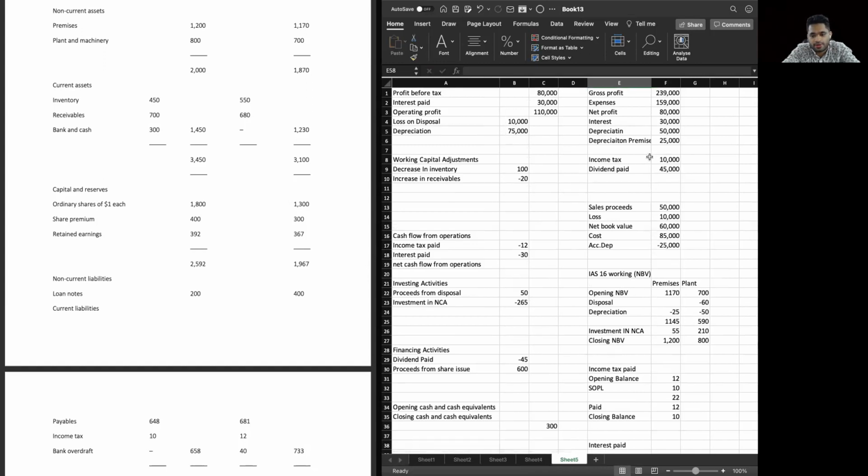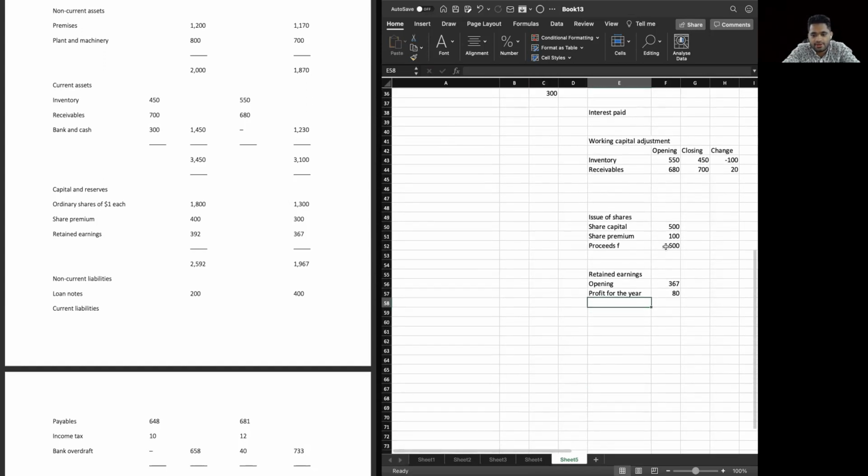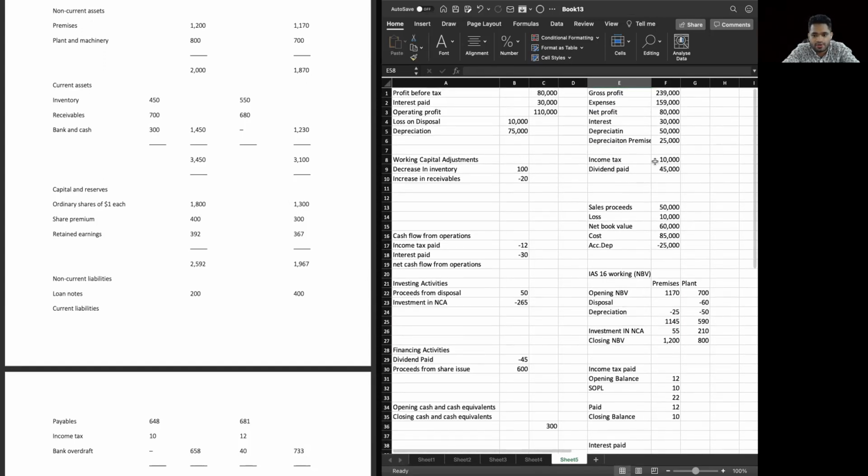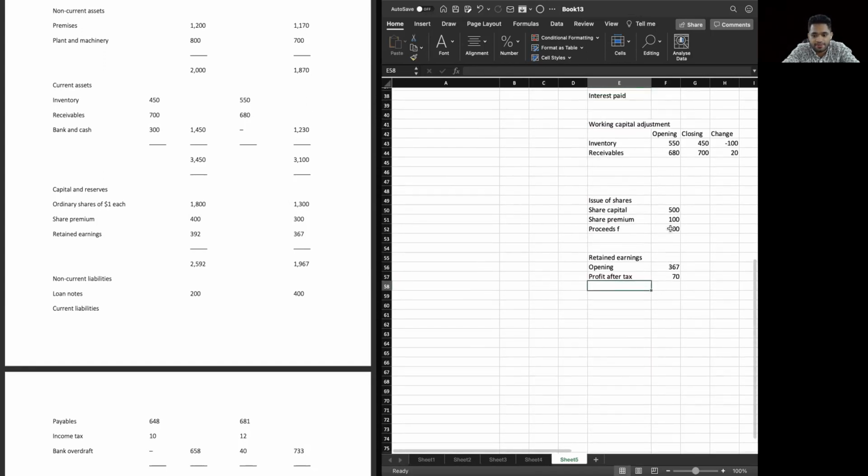Sorry, your profit for the year 80 minus 10. Your profit after tax is going to be 70, right? The 80 was your profit before tax. So from that, you need to remove the income tax of 10. So it will be 70.